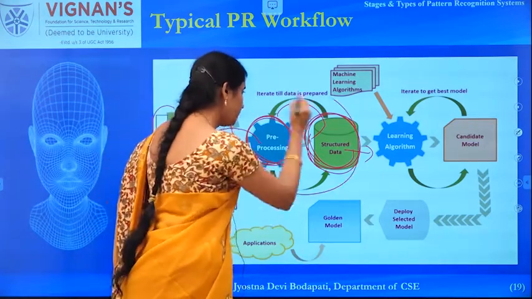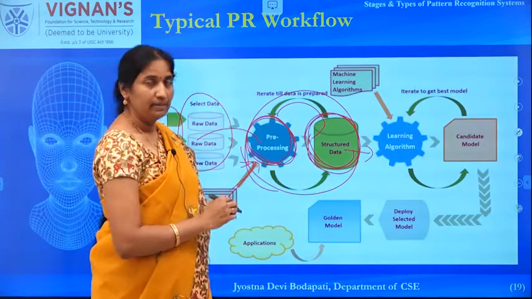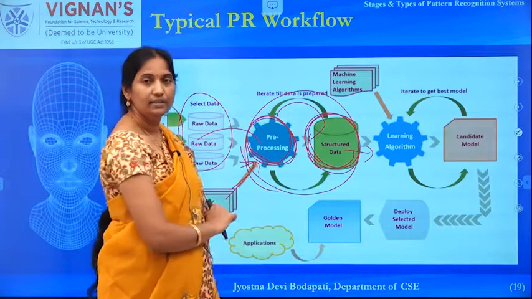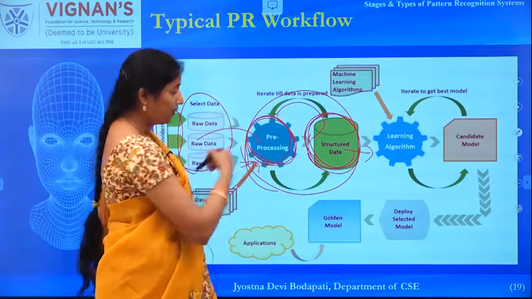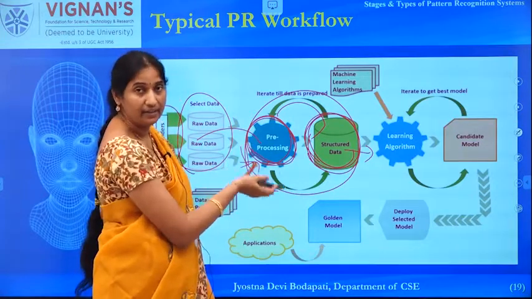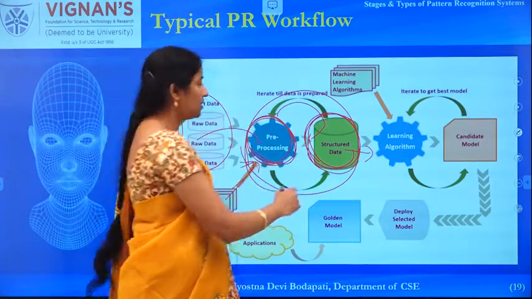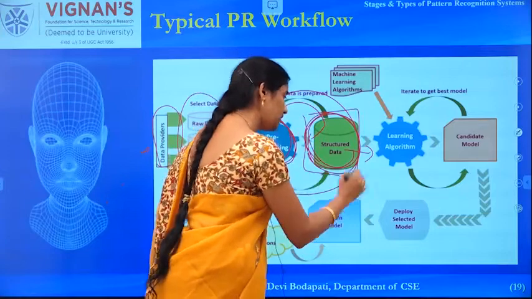That is how pre-processing can be done iteratively. As long as you are not happy with the structured data produced by the pre-processing algorithm, you go back, iterate, and apply some other technique. So that is how you have to iterate this process. Somehow you get the structured data.